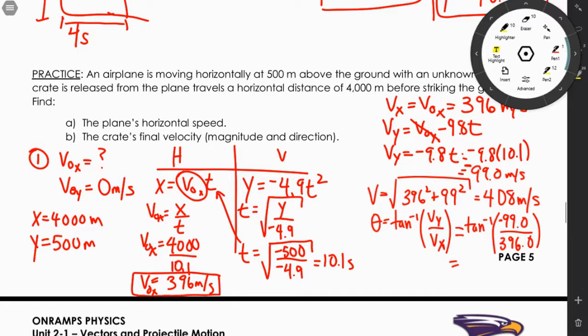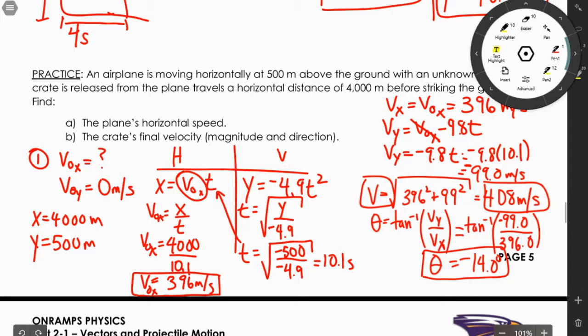And so that will be negative 14.0 degrees. So here is the magnitude, and then here is the direction. Okay, so that is launched horizontally.